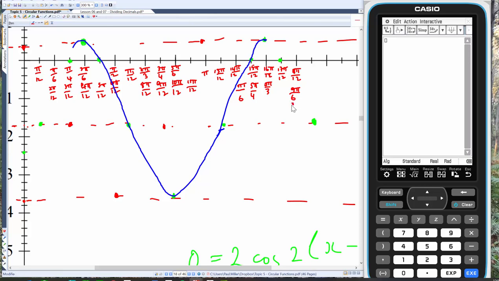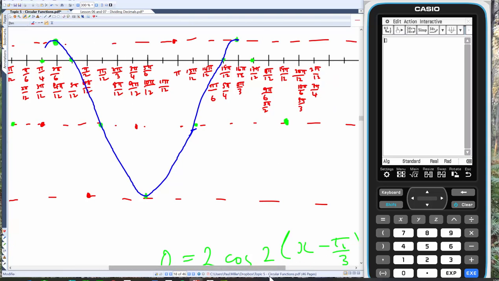Oh my goodness, which is 3 pi on 2. So that's 19 pi on 12, 20 pi on 12, which is 10 pi on 6, which is 5 pi on 3, 21 pi on 12, which is 7 pi on 4.